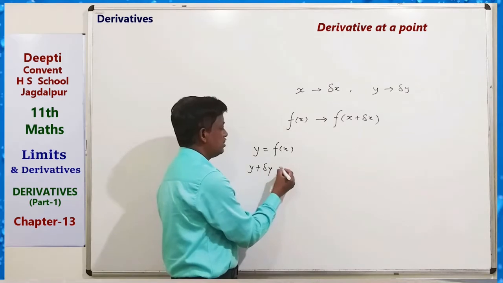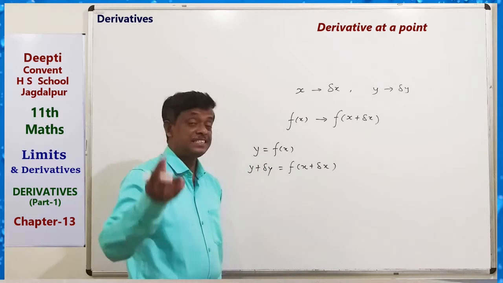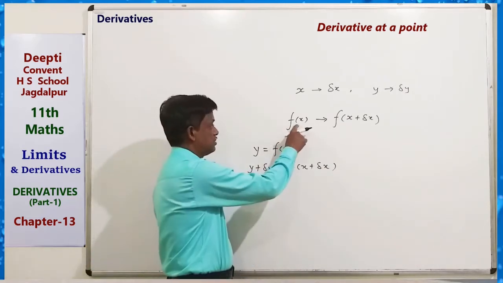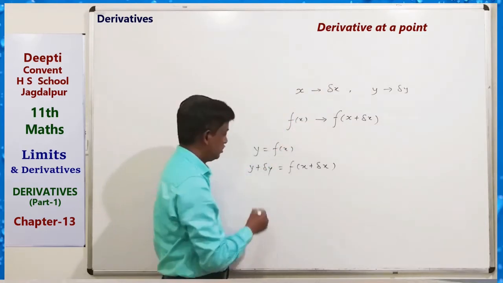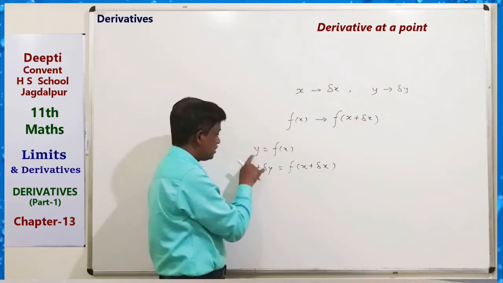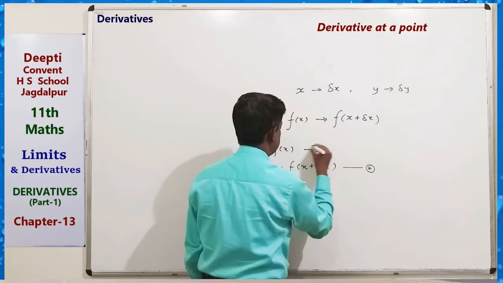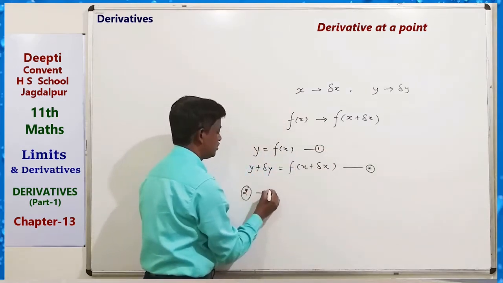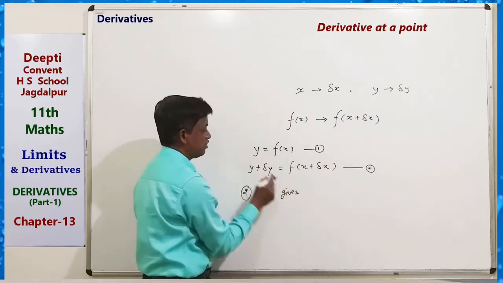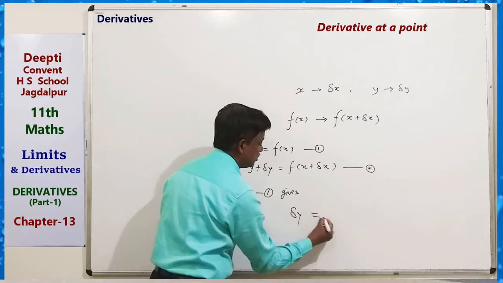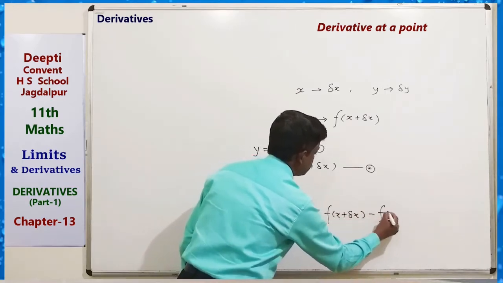Then y plus delta y equals f(x plus delta x). Now we can find this minus this: call this equation 2 and this equation 1, so 2 minus 1 gives, y cancels, delta y equals f(x plus delta x) minus f(x).